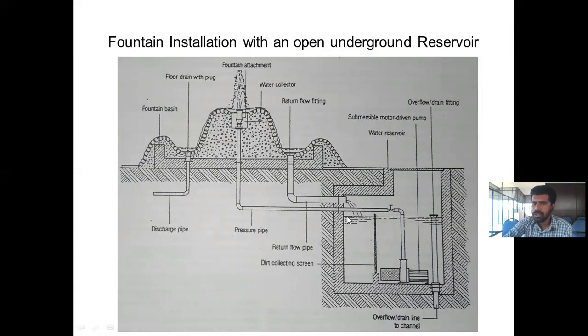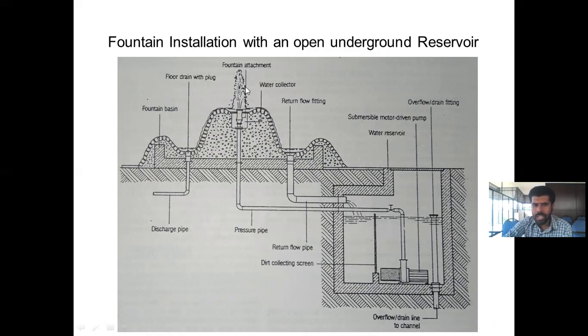So there should be a dirt collecting screen here, so that the dirt can be collected separately. Only pure water will go to this side. So this is acting as a water reservoir only. From that water, by the use of the submersible pump, the water is being pumped. So this is the pressure pipe, and it is being supplied.